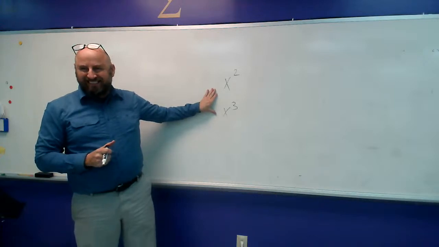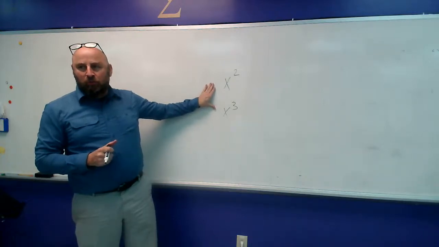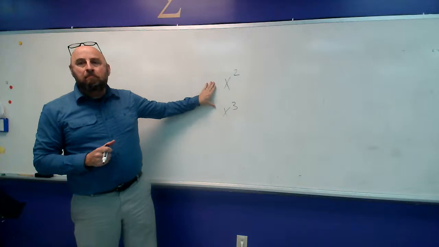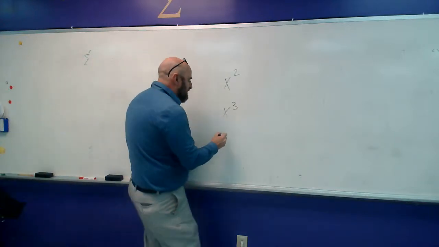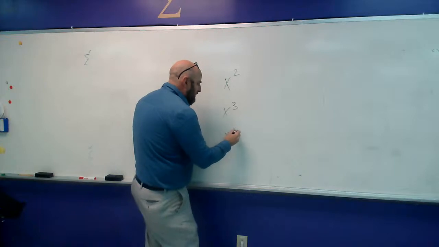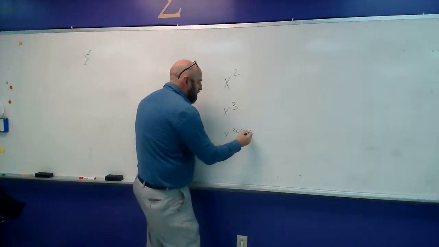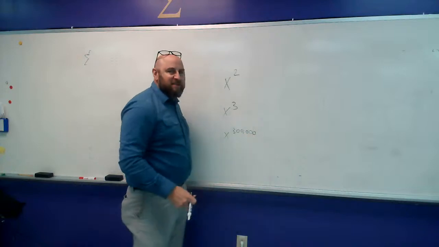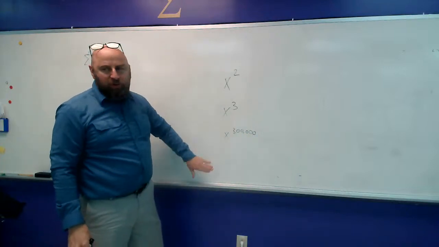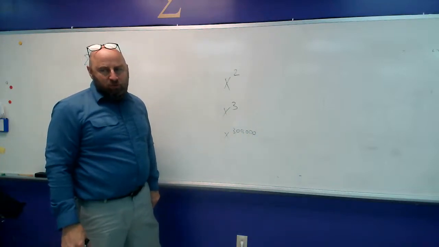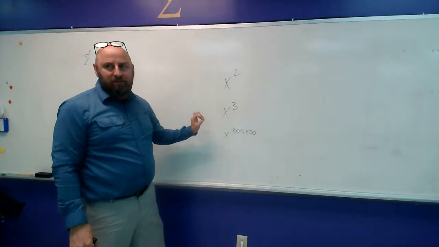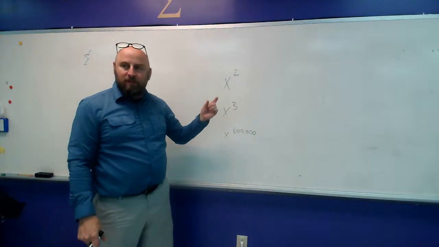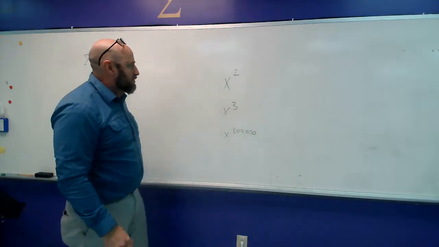These things grow at a pretty good rate, but that rate is somewhat consistent. So even if you have x to the 300,000, that's quite a rate, but it's not exponential. Let me show you what's exponential.